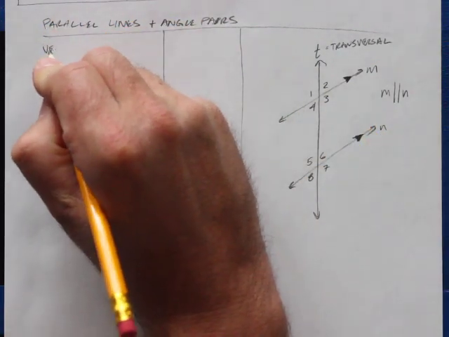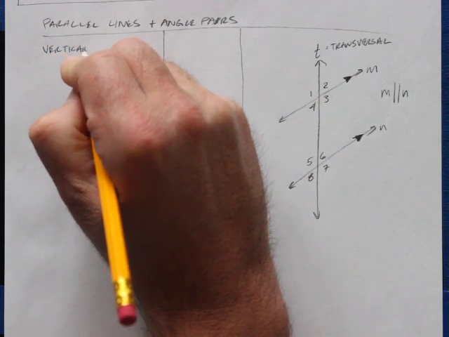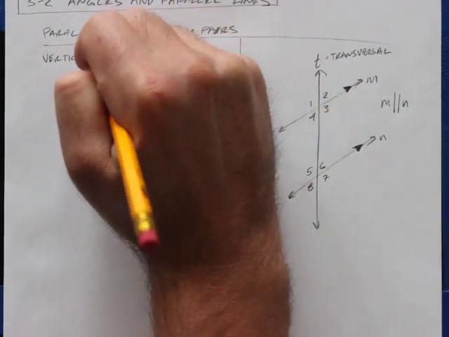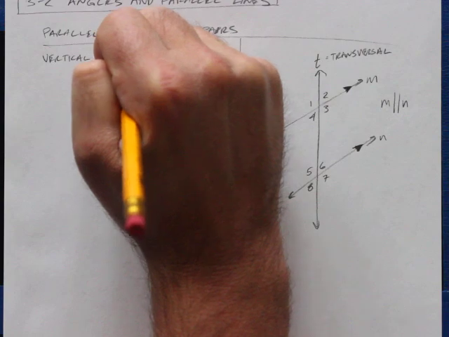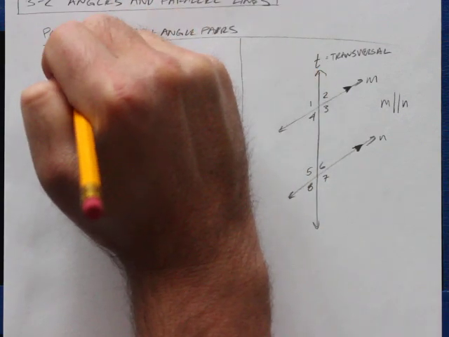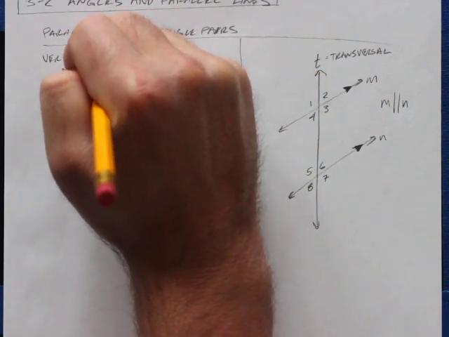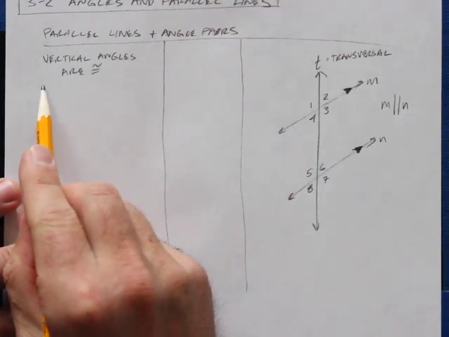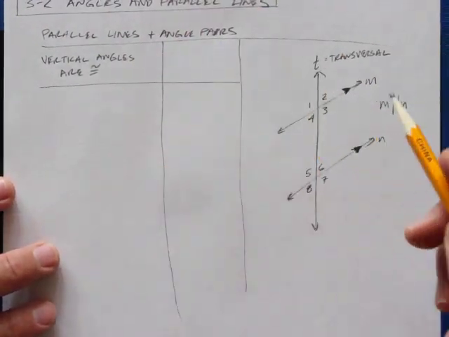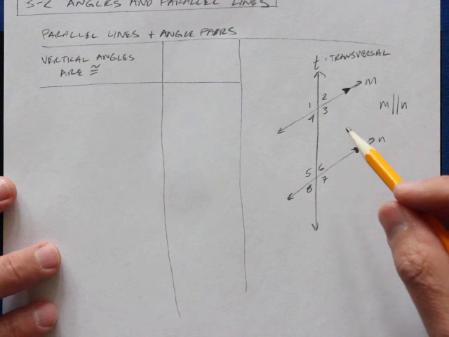So, first off, vertical angles are congruent. This is something that we already know, but we're going to list these vertical angles just so you can see.